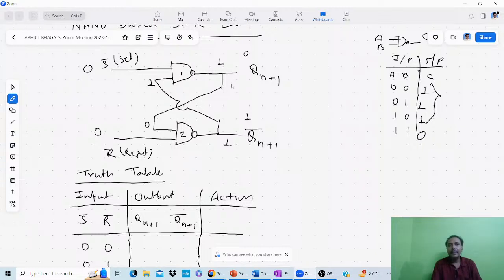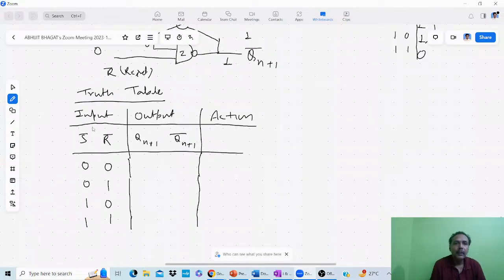So now you can see here in this case, when it is 0 0, across the output side your Q is 1 and Q bar is also 1. Okay, and it is not possible, so it is the invalid or forbidden condition. So when the S bar and R bar is 0 0, in that case you will get the invalid or forbidden condition.